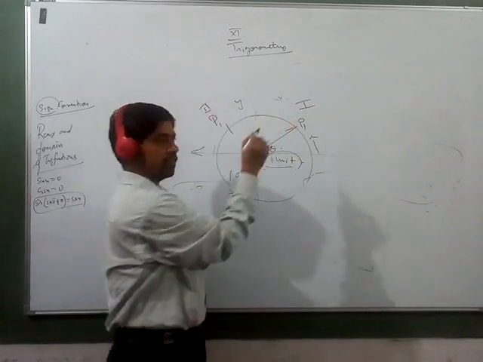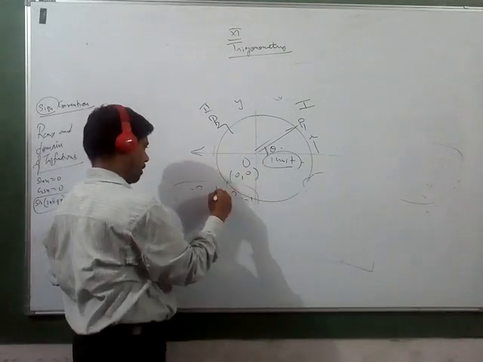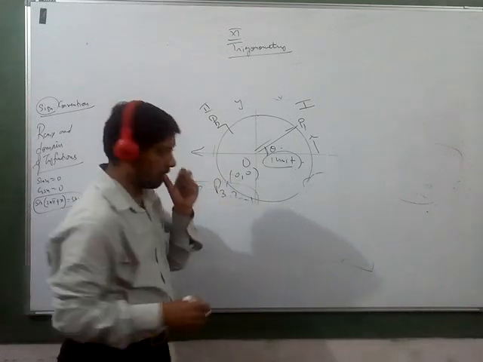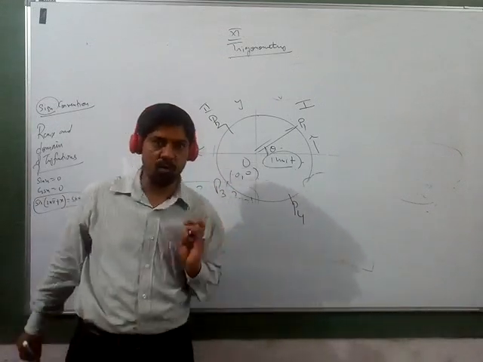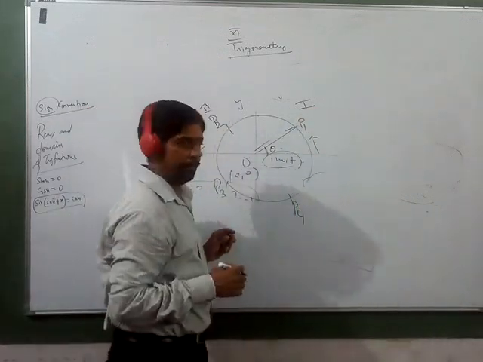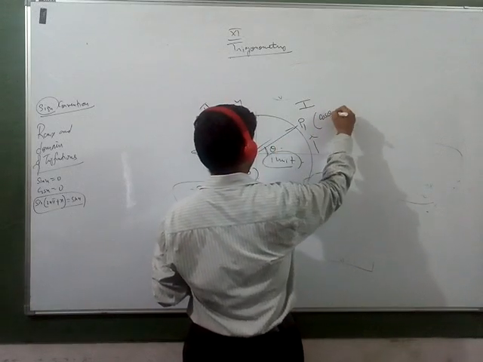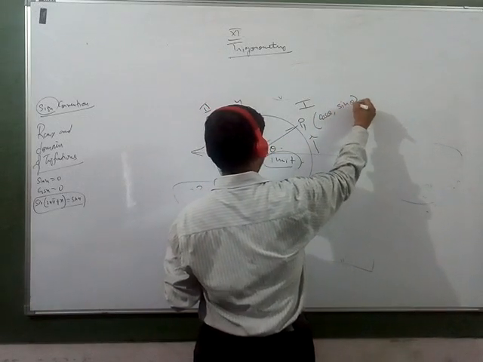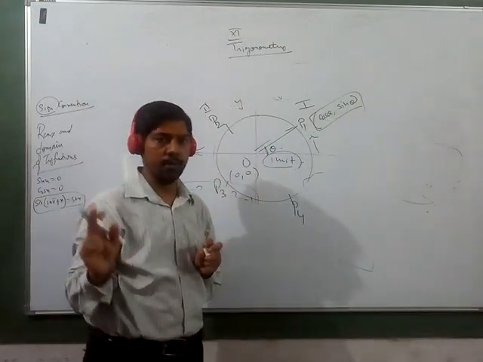I write P1 for first quadrant, P2 for second quadrant, P3 for third quadrant, P4 for fourth quadrant. Now suppose the point is in the first quadrant, then what is going to happen? I have defined the x coordinate to be cos θ and the y coordinate as sin θ. So in the first quadrant, cos θ and sin θ will both be positive.